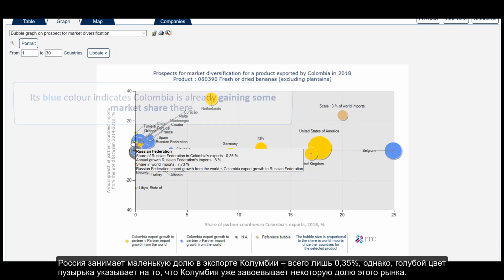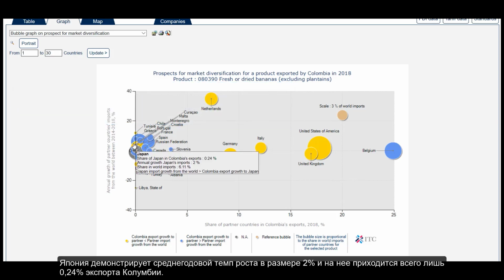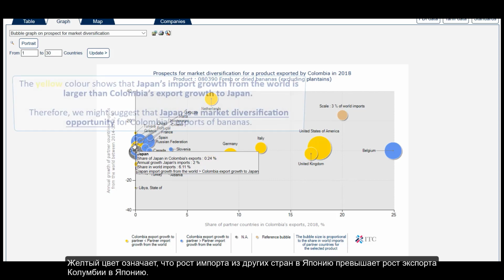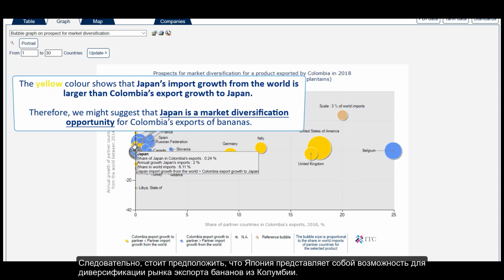However, its blue color indicates Colombia is already gaining some market share there. Japan has an average annual growth of 2% and only has 0.24% of Colombian exports. The yellow color shows that Japan's import growth from the world is larger than Colombia's export growth to Japan. Therefore, we might suggest that Japan is a market diversification opportunity for Colombia's exports of bananas.